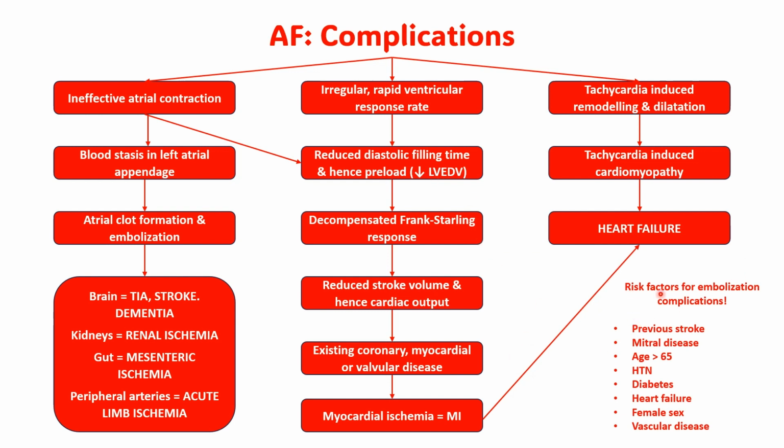And then these are just some of the risk factors for embolization complications such as stroke. So embolization anywhere in the body: previous stroke, mitral disease, advanced age greater than 65, hypertension, diabetes, heart failure, female sex, and also existing vascular disease.